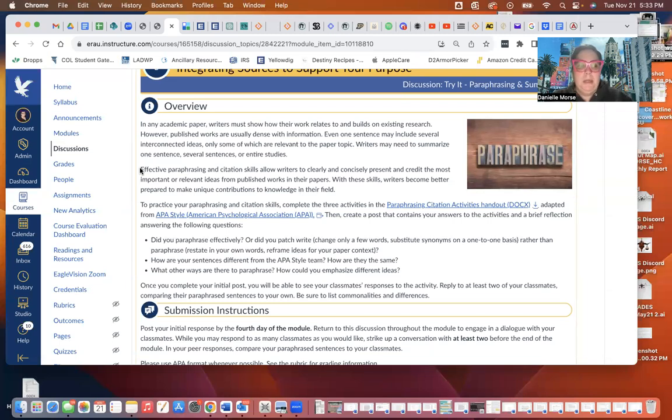Paraphrasing actually takes more cognitive work and it's more difficult to do, which is why most English 1, 2, 3 courses like this, first year composition courses, tend to focus on MLA. Let's start with direct quotation and integrating that. And then you can move on to the more difficult type of integration, which is paraphrasing.